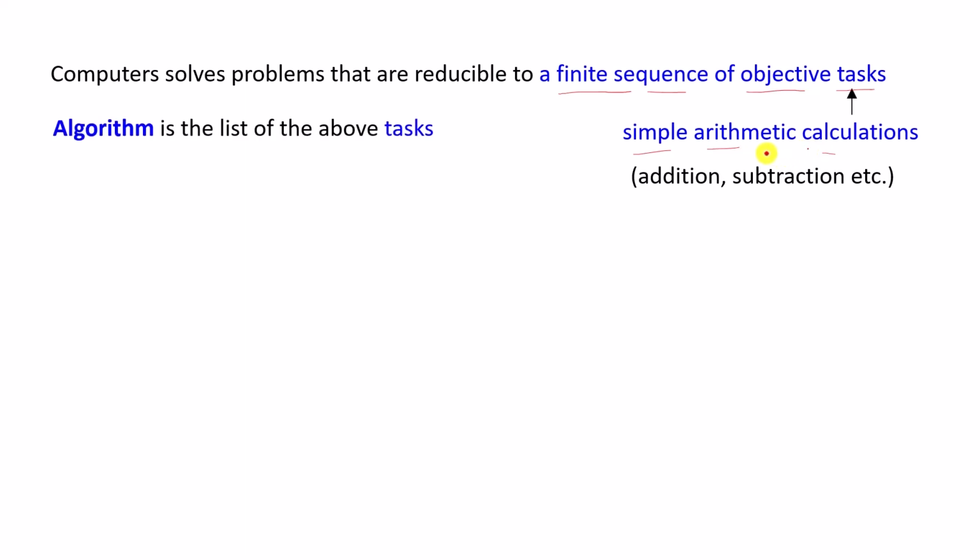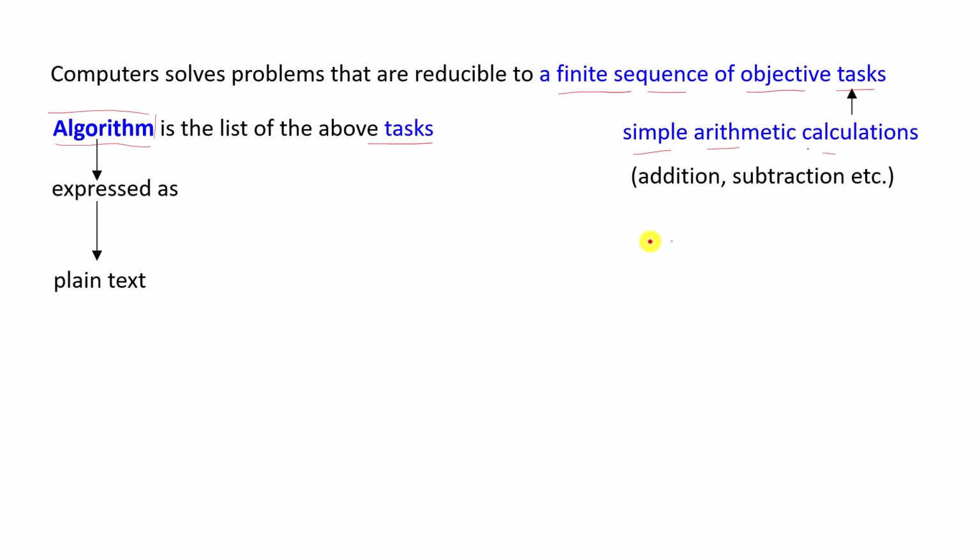And these tasks that we are instructing the computer to do, the list of these tasks is what we call an algorithm. So how do I write an algorithm? I have several ways.